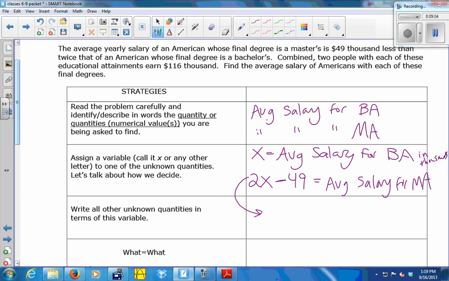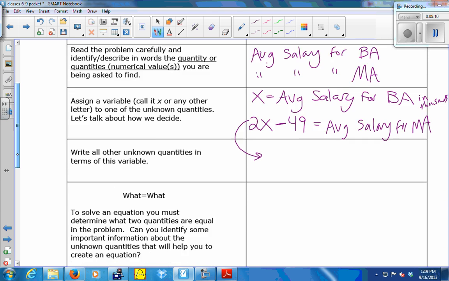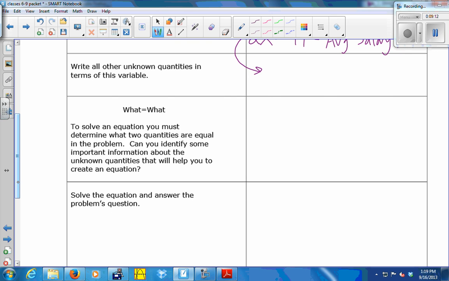So combined, how are we going to combine them? What mathematical operation? Addition. We add them together. So if we add average for BA plus average for MA, we're supposed to get 116,000.